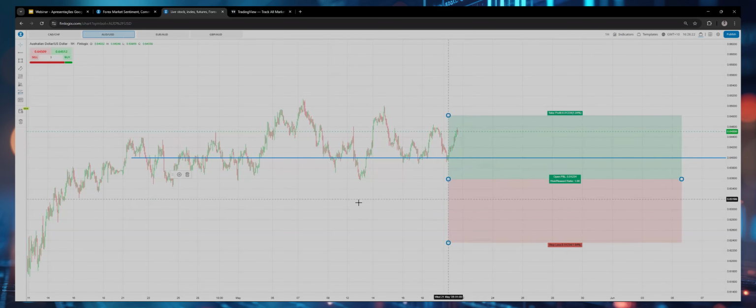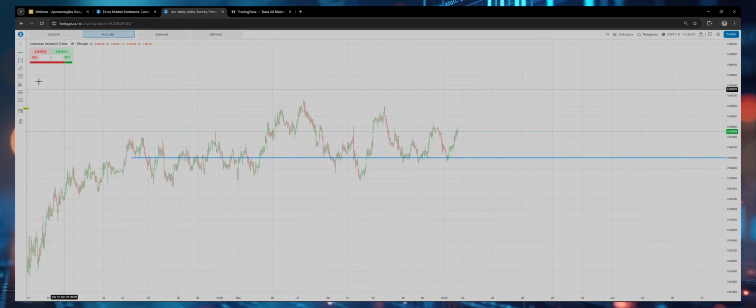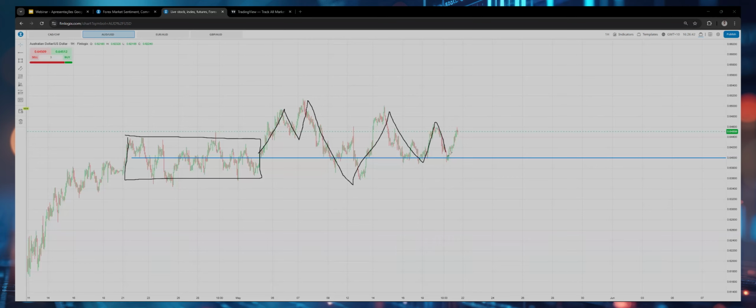So what I mean by that is, let me get my pencil. We clearly have a consolidation here. And then we had the breakout, the retest, and the continuation, but then it lost momentum and came back to this bigger consolidation. So it looks like we are now in some sort of consolidation in this area.